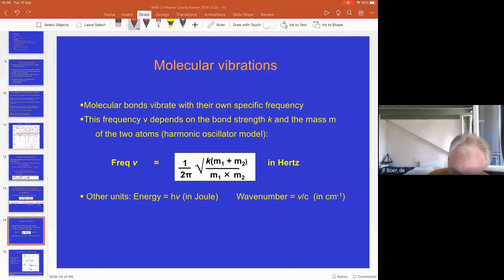And you can derive, this is basically from classical mechanics, that the frequency with which these 2 atoms will oscillate with respect to one another is given by the square root of the spring constant between them, the sum of the 2 masses divided by the product of the 2 masses of the molecule. So this now basically is a very basic derivation of what to expect for the frequency of the vibration.